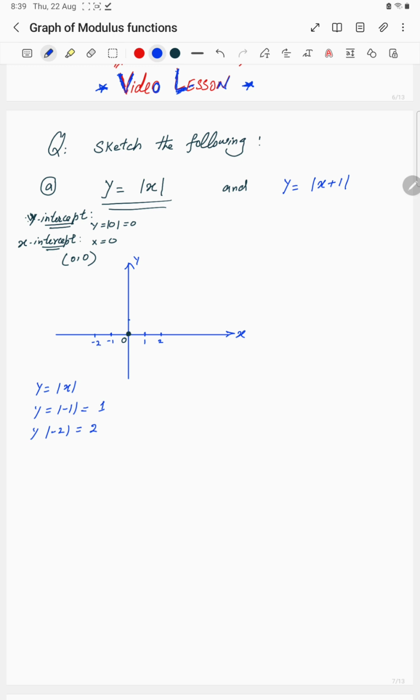Here it is 1, 2 and 3, and so on. As this is the turning point, for 1 it is 1, for 2 it will be 2, and same with -1 is 1, -2 is 2. It means whatever values of x you replace, no matter if positive or negative, the result will always be positive. So the graph shape will be like this and this.